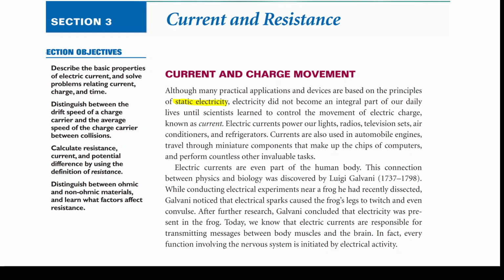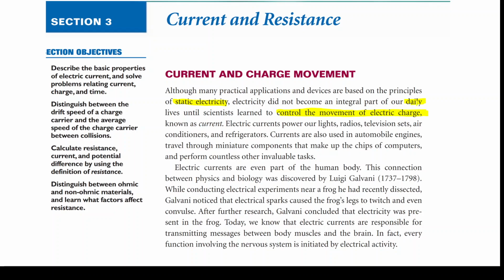The electricity that we use in our daily life is not static electricity. The things that we use for our electronic devices involve what we call a moving charge. In all the electronic devices we have, we control the movement of the electric charges inside.